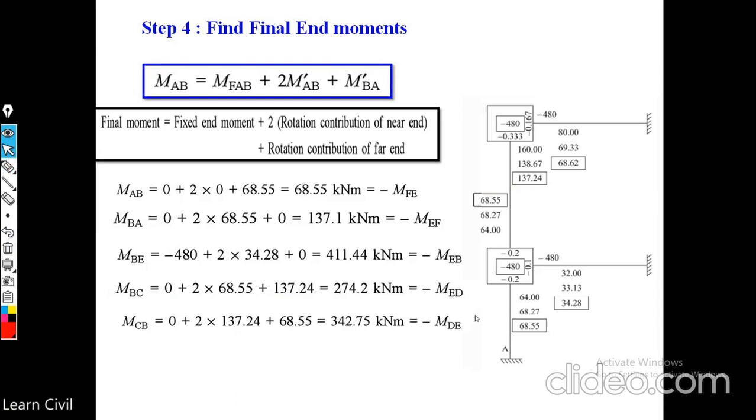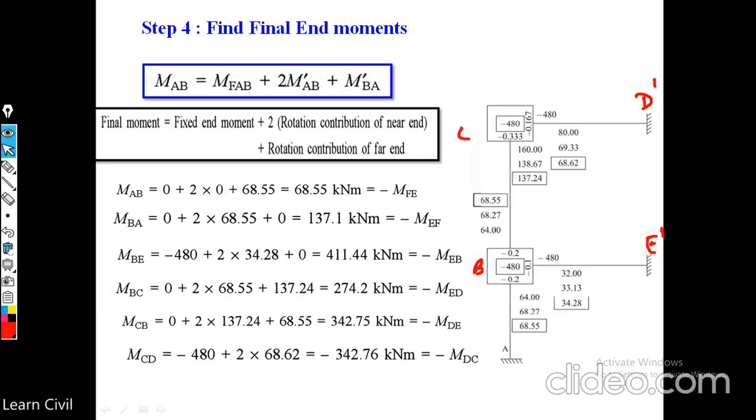MCB, that is the final end moment CB for joint C. This is D dash and this is E dash. So for CB it will be 342.75. For member CD it will be minus 342.76.